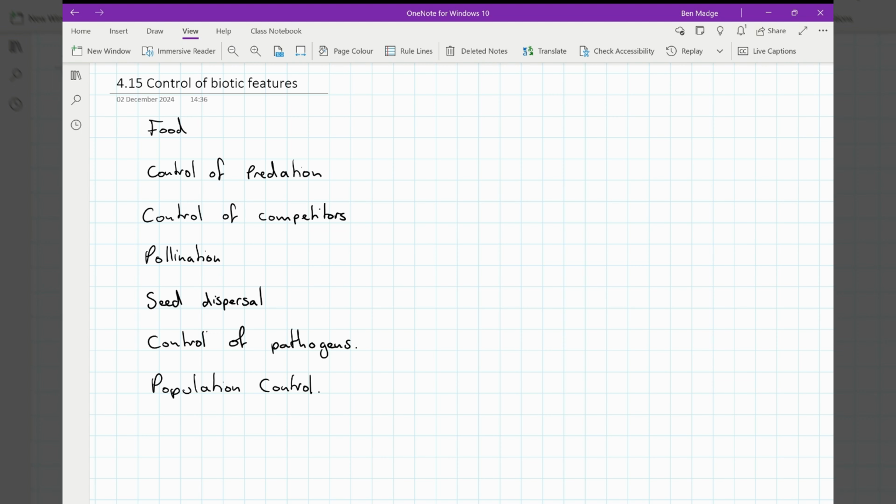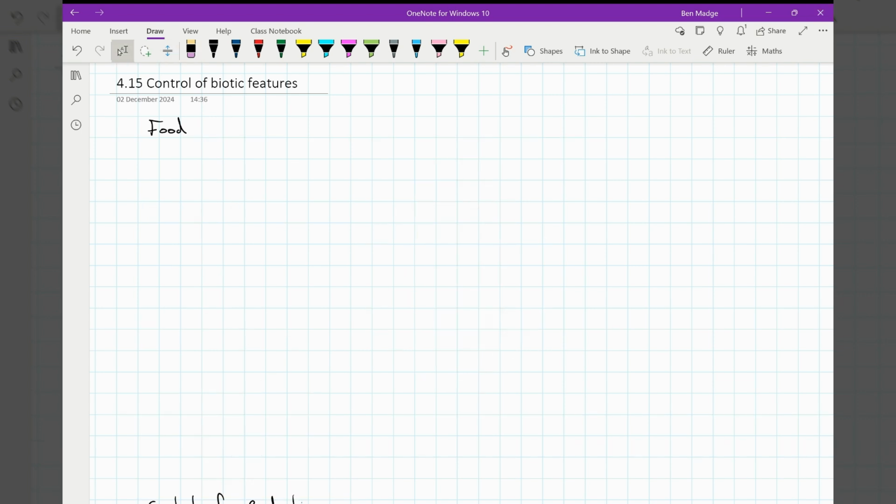So the first one then is food. So food needs to be provided for a species so that it can survive. So a predator will need a prey species to be able to eat.